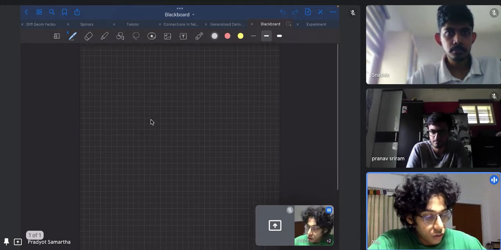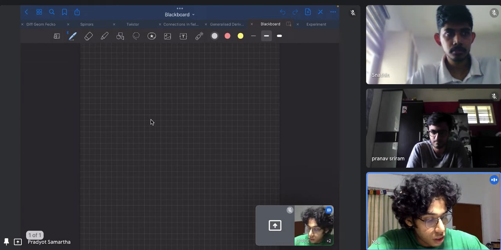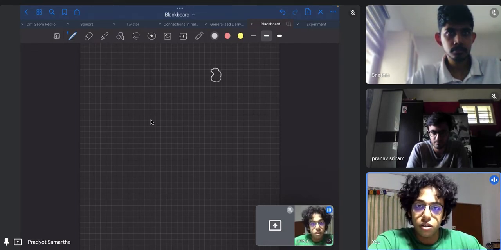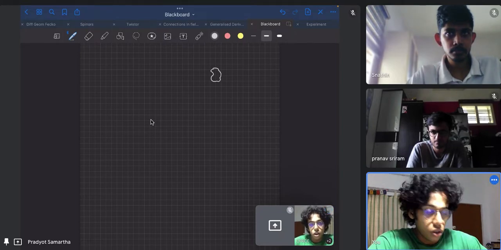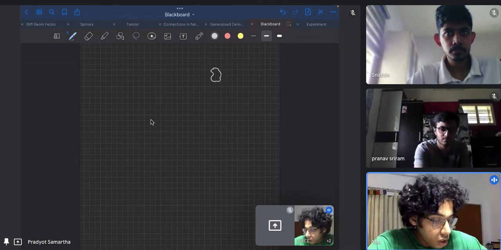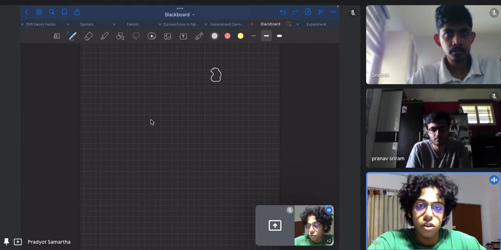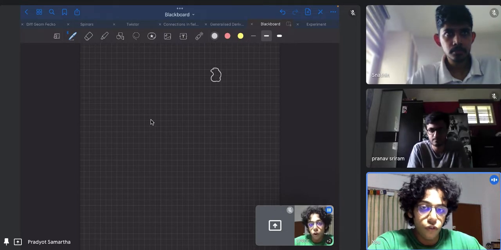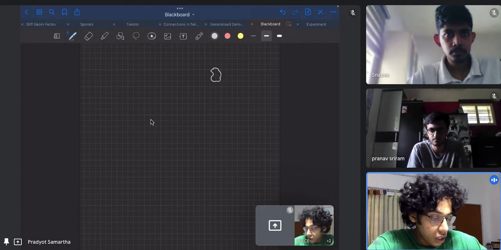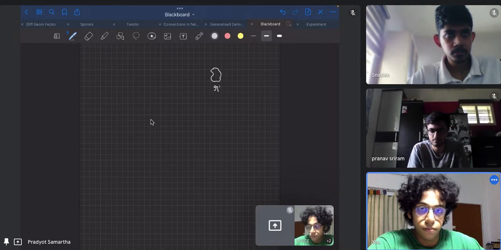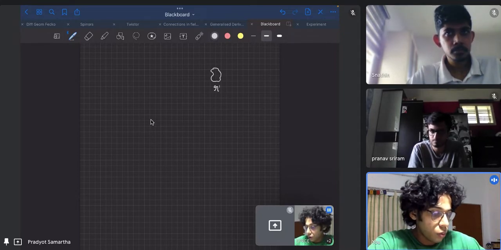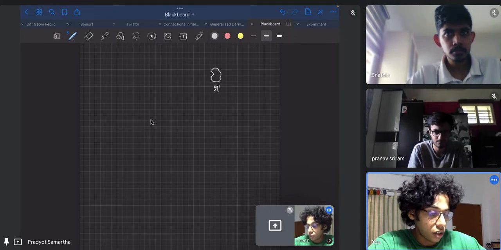So for this example, let's take a charge distribution and approximate it to a sphere of radius r prime. Now r prime is a vector.